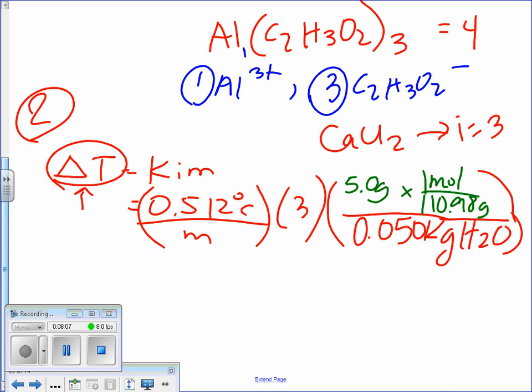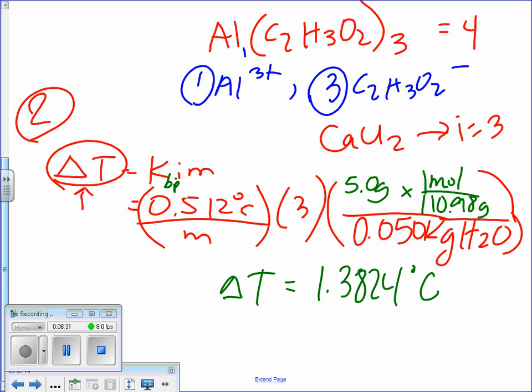So we take our K for boiling point, times the i factor, times the moles over kilograms of the calcium chloride, and I'll give you guys a chance if you already got it. 1.3824. That's our delta T. And this is boiling point elevation, so that means the boiling point is increasing.